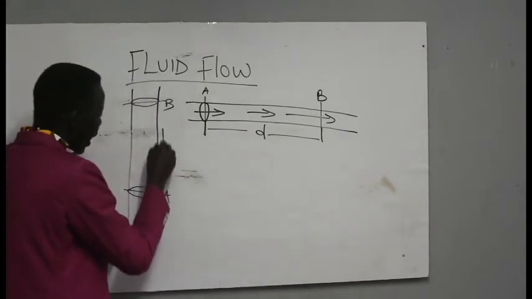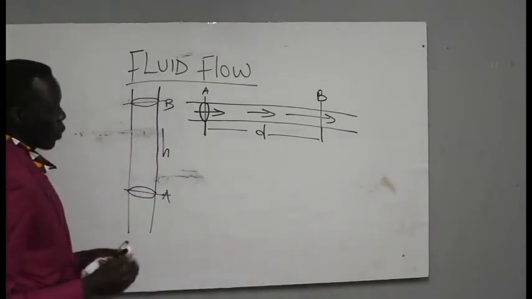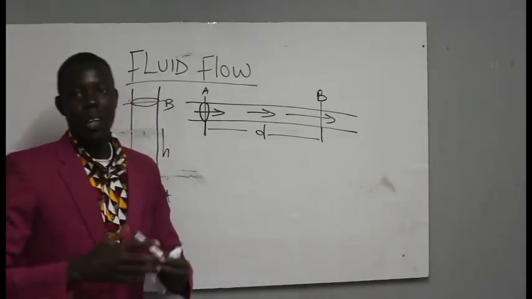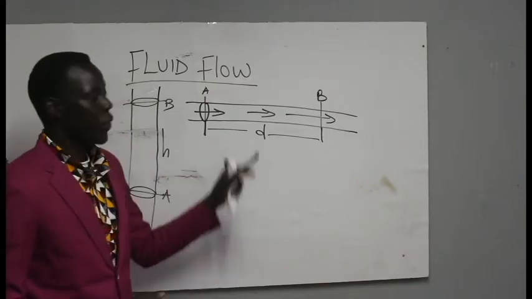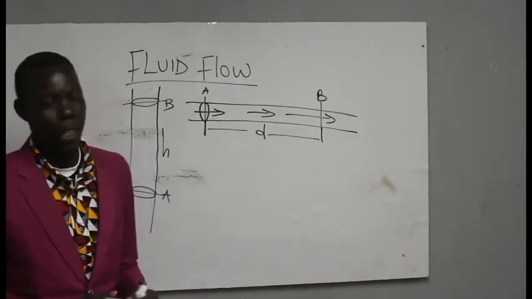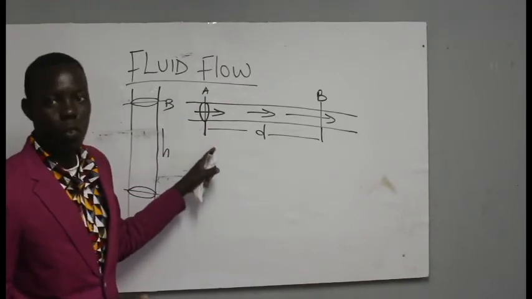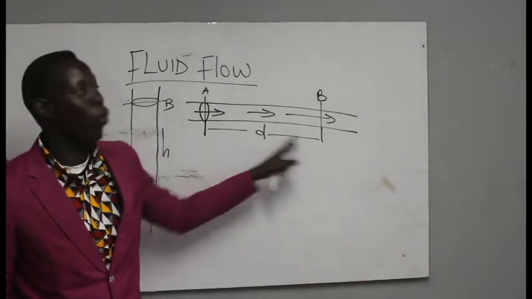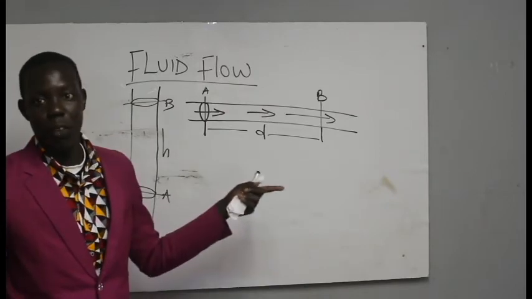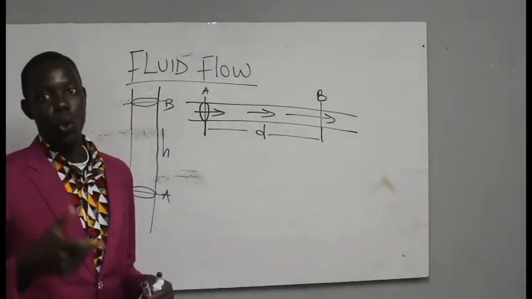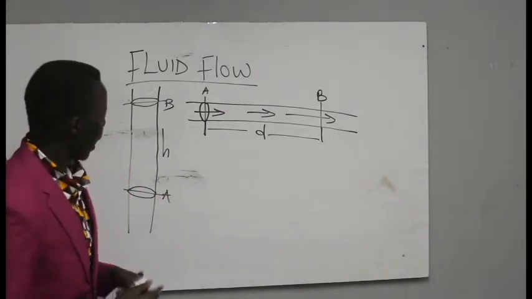Here I will use H, but it still stands for D. So if we have to calculate the volume from point A to B, we just do it in this way. It's the cross-section area of the tube of flow times the distance or the height. It depends, but in this case I will use the distance, for a main reason I will show you. Now look here.